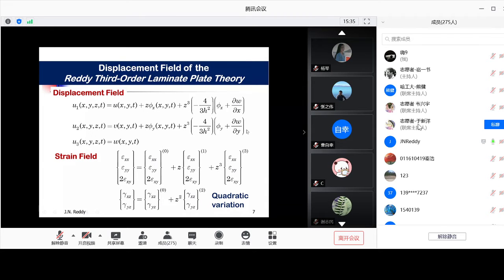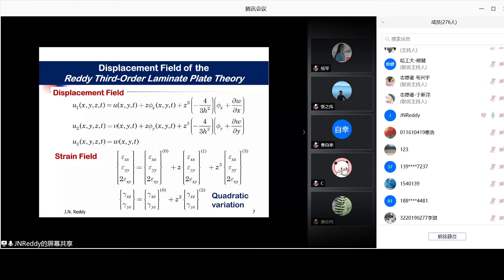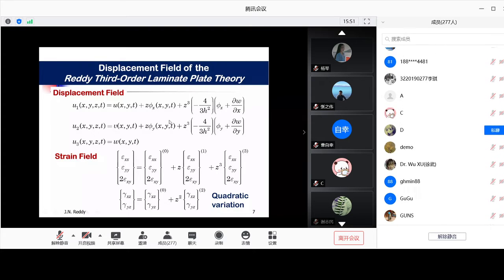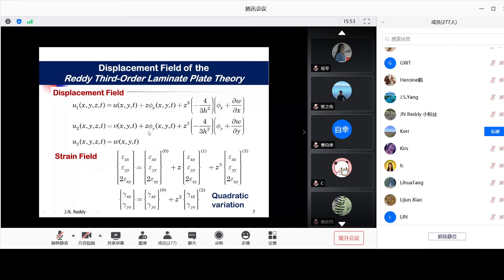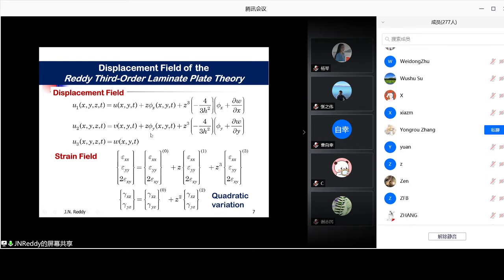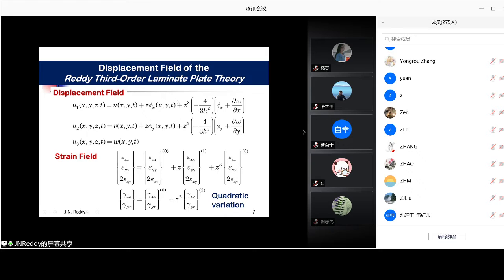Okay, so this is the first order theory displacement field. You can count U, V, W, phi x, phi y are the only 5 unknowns, because these expressions are now in terms of the same quantities as before. So total are 5. But one thing that happens is the third order theory, in terms of looks, has first order kinematics up to here.